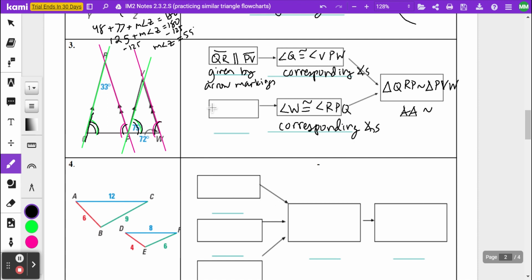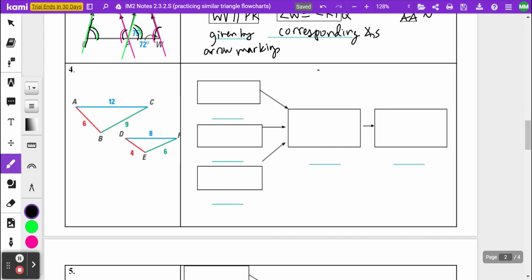So here's my evidence. WV, that line segment is parallel to PR, that line segment. And that's also given by arrow markings. This flowchart is complete. Next.